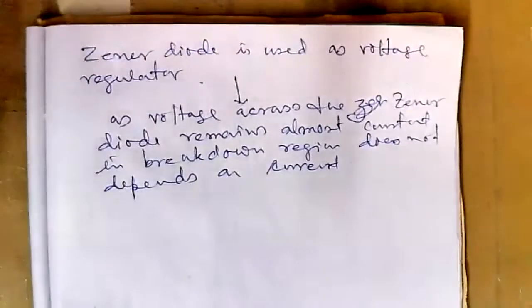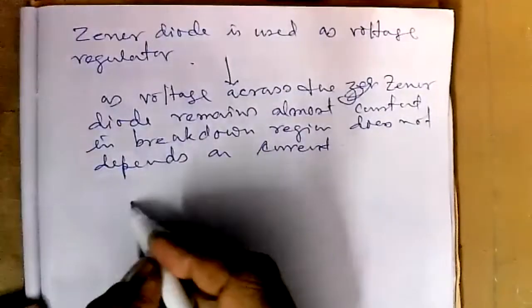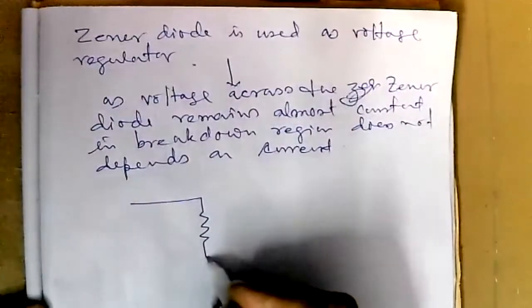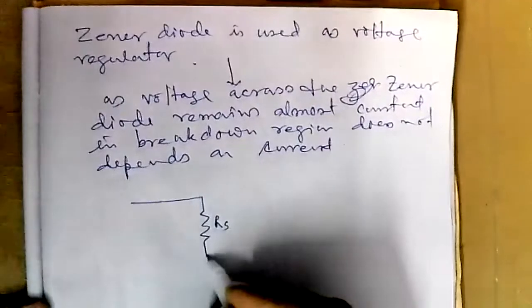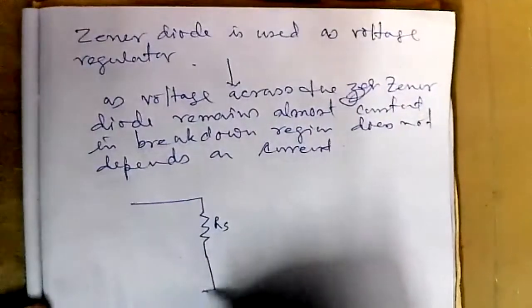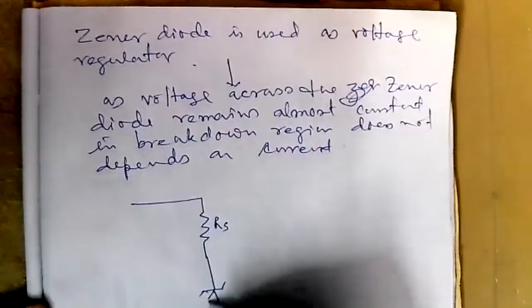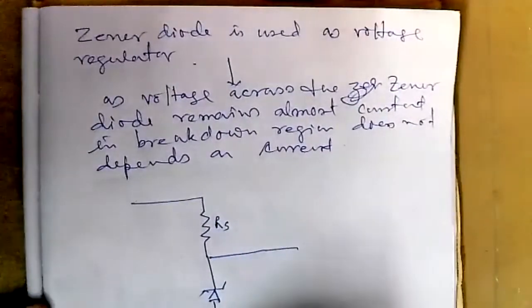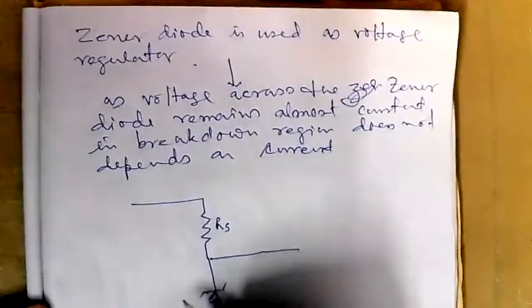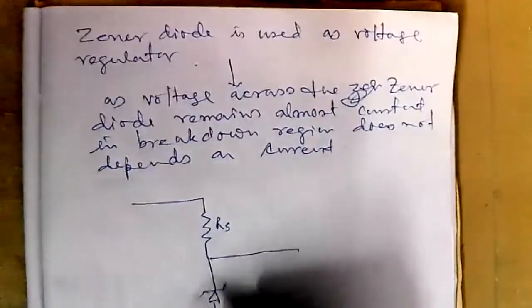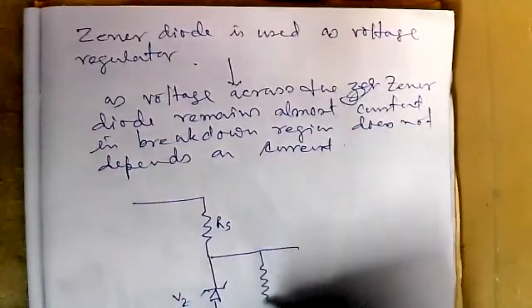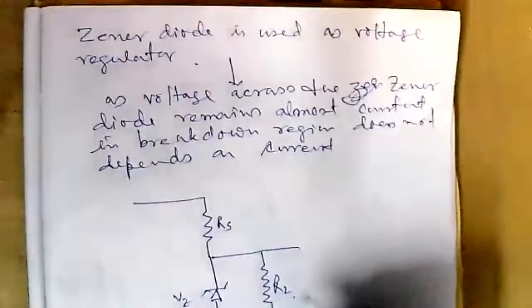Now how it is working, I'm just showing you. This is called Rs, the safety resistance, here, and the Zener diode having voltage drop Vz, and here you have the load resistance.